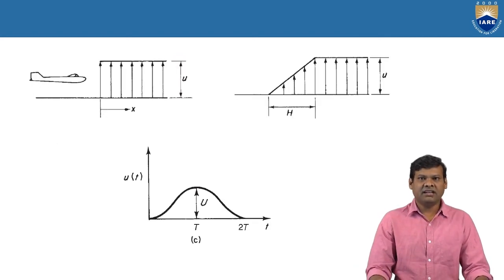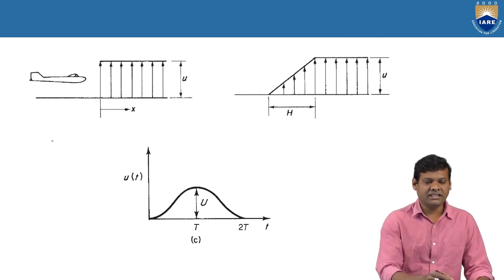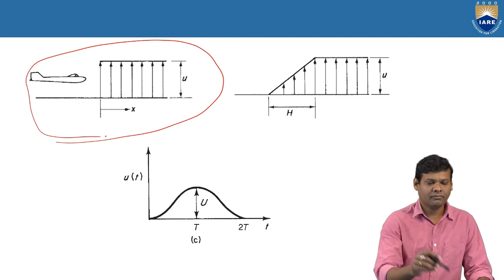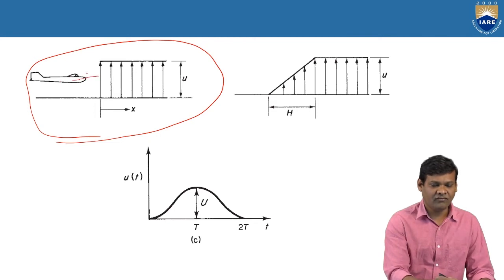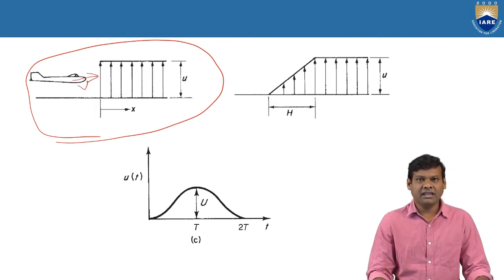Okay, this is the typical gust profile. When you look into this, let us consider an aircraft which is flying with a velocity capital V. Suddenly, it has entered into a high velocity zone, high velocity airflow.